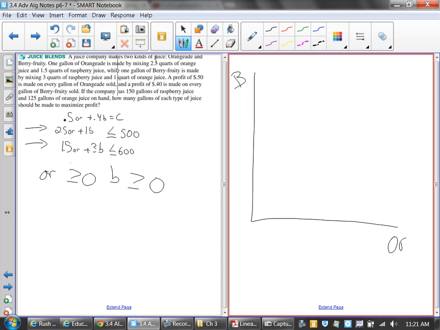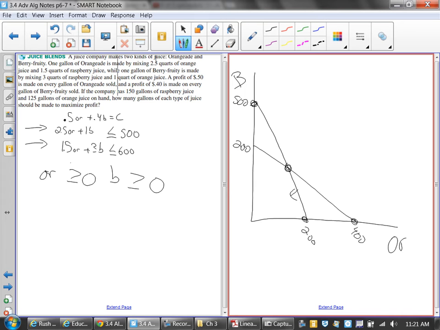I have the first equation, I've got 200, 500. Working inward, the next equation I have 400, 200. I have an intercept here.